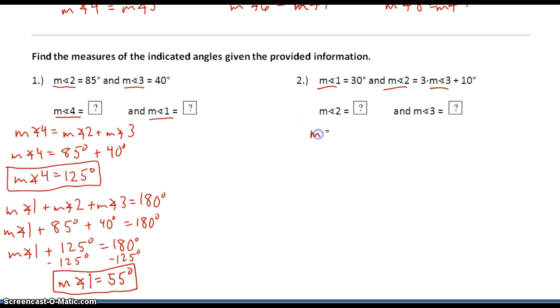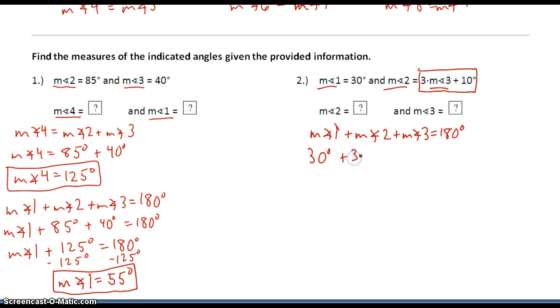I'm going to start with the equation that involves 1, 2, and 3. The measure of angle 1 plus the measure of angle 2 plus the measure of angle 3 equals 180 degrees. Again, I'm going to plug in what I know from my given. Angle 1 is 30 degrees. Angle 2 is this big.